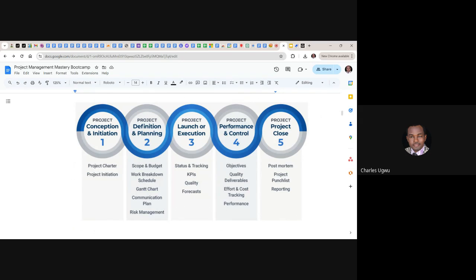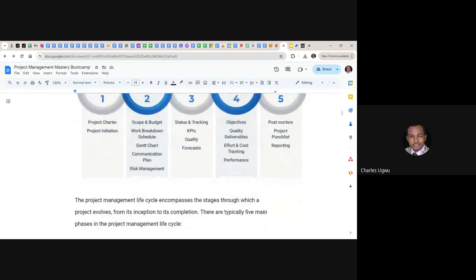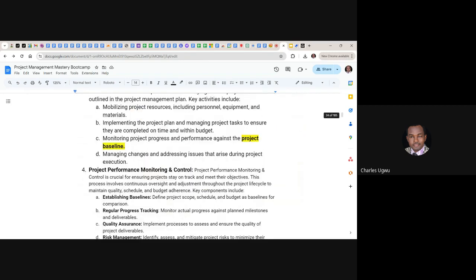Within these five areas, we need to have about 20 documents that need to come out. Minimum, I say minimum, it can be more. But these are the basic documents that are coming out, starting from the project charter. So let's go down and look at the project charter.